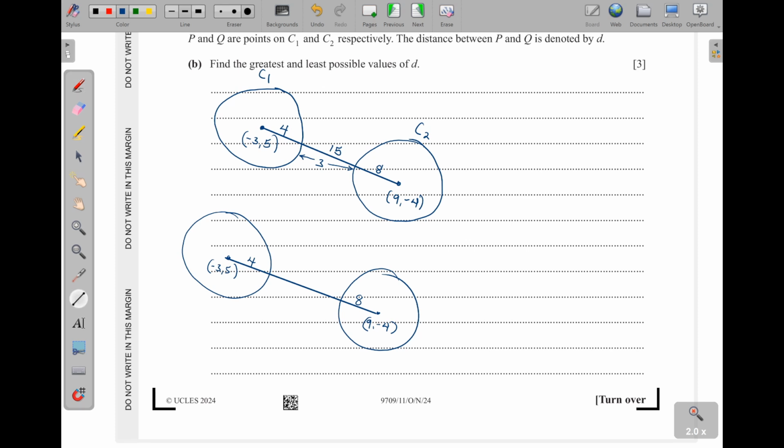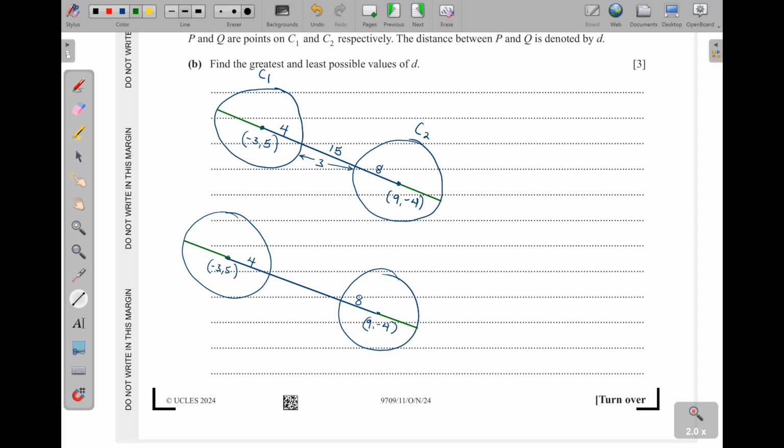Now, I'm going to extend this one here. I can extend to the circumference of the circle. Extend this one here, and also extend this one there. The same thing, extend this one here, and also extend this one there.